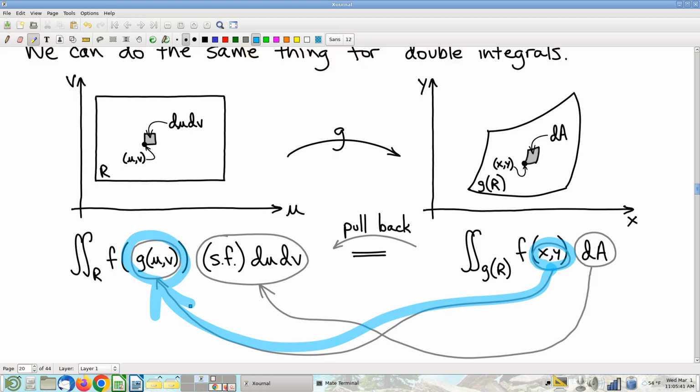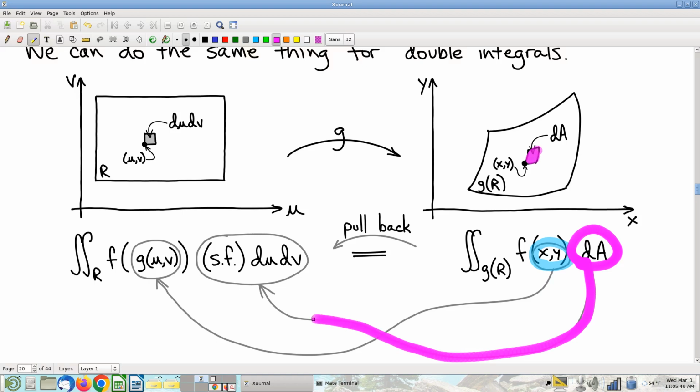The only detail to be worried about is how much bigger is this output piece of area, dA, than this input piece of area, du dv. So I've got to figure out what this stretching factor is. That's going to be the big question. And then it's just a matter of plug and chug and go about your business.